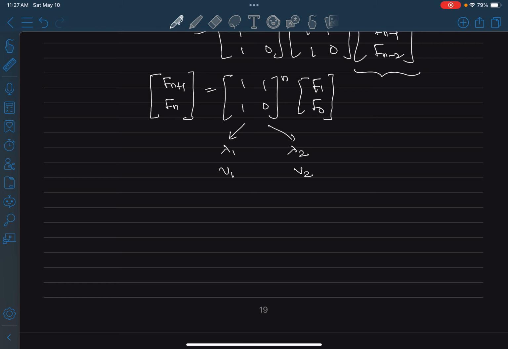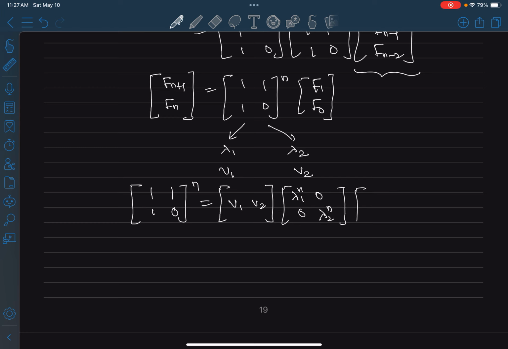Once we have that, the nth power of this matrix will be the matrix of eigenvectors, then the diagonal matrix of eigenvalues raised to the nth power, and then the inverse of the matrix of eigenvectors, right?